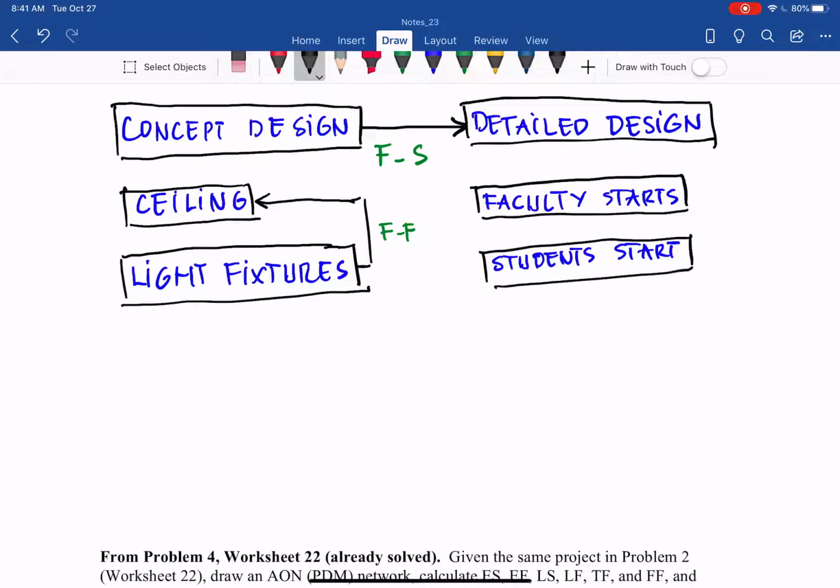So here you can see the faculty starts, then students can start. It's not about finish to start, not finish to finish, but in that relationship it goes from the left side of the activity, from the left of the predecessor to the left of the successor. That will be a start-to-start relationship. So those are the three dependencies that we are looking at.